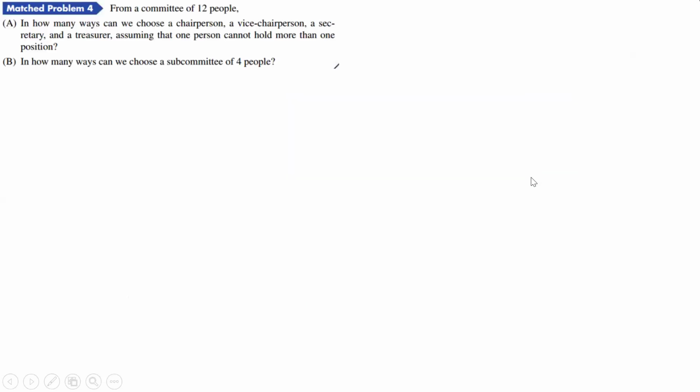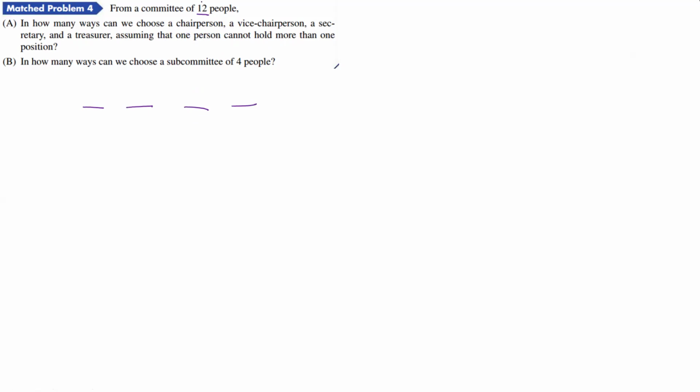So from a committee of 12 people, so our total is going to be 12, how many ways can we choose a chairperson, a vice chairperson, a secretary, and a treasurer, assuming one person cannot hold more than one office? All right. So thinking about that, what does that mean? Well, does order matter in this one?